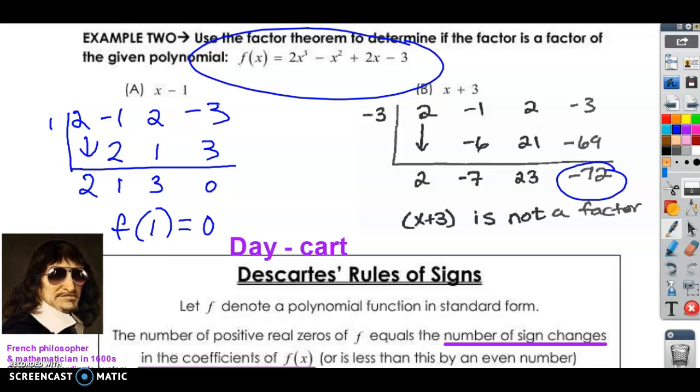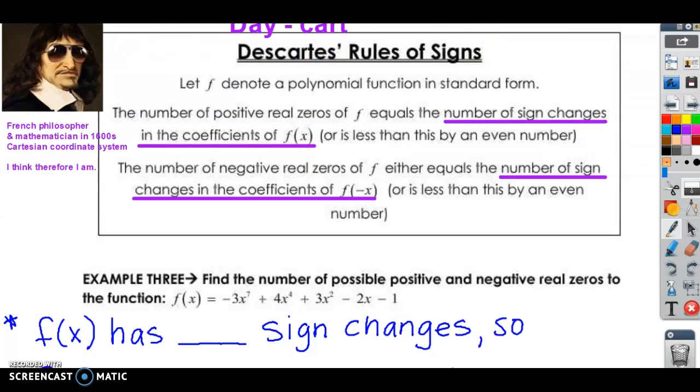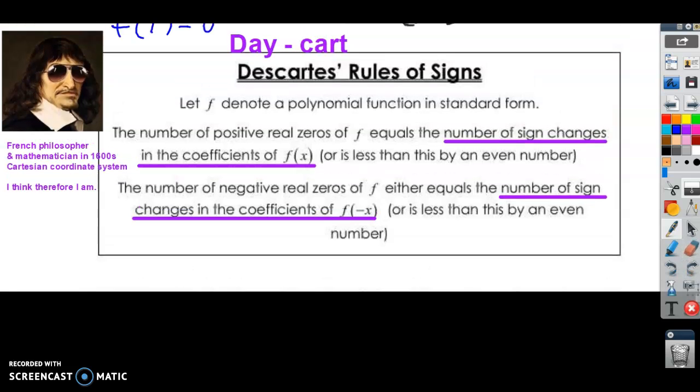All right, so Descartes' rule of signs is actually quite useful, especially when you don't have a calculator and you're trying to figure out how many possible positive or negative zeros you have. I'll go ahead and read this to you. This guy's a pretty famous French mathematician and philosopher from the 1600s. Let f denote a polynomial function in standard form.